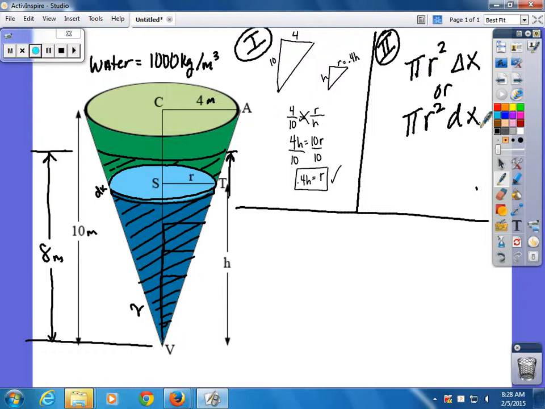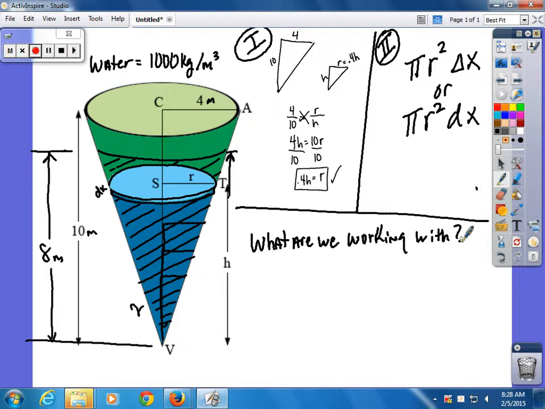Now, there's only a couple of things that I need to bring up. And that's, what are we working with? What are we working with? And we find out that we're working with what, kilograms? So that means we got to worry about mass.